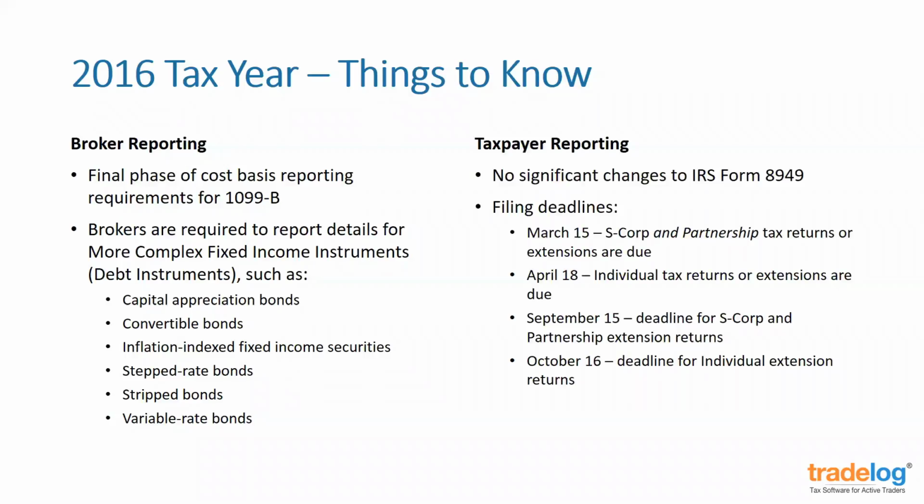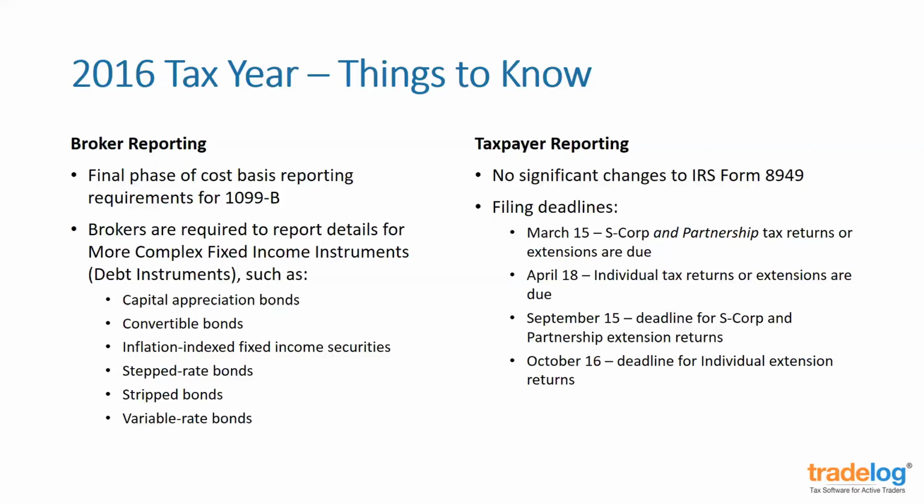Now, what about taxpayer reporting? Well, again, there's no significant changes when it comes to the IRS Form 8949. So that's the report that you as a taxpayer are usually concerned about if you're using cash basis accounting. So the 8949 is pretty much the same. The rules are the same as they always have been for taxpayer reporting.